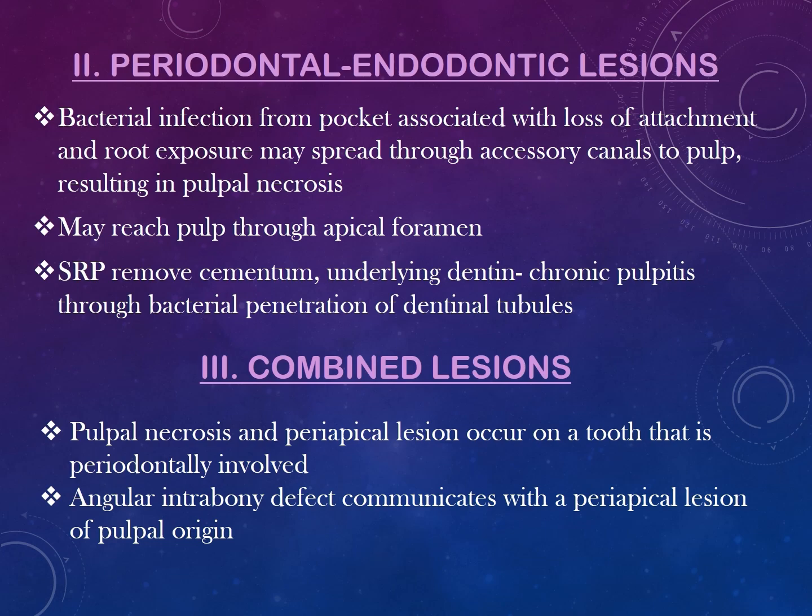Scaling and root planing may remove the cementum and the underlying dentin, leading to chronic pulpitis through bacterial penetration of dentinal tubules. Combined lesions occur when pulpal necrosis and a periapical lesion occur on a tooth that is periodontally involved. It also occurs when an angular intrabony defect communicates with a periapical lesion of pulpal origin.